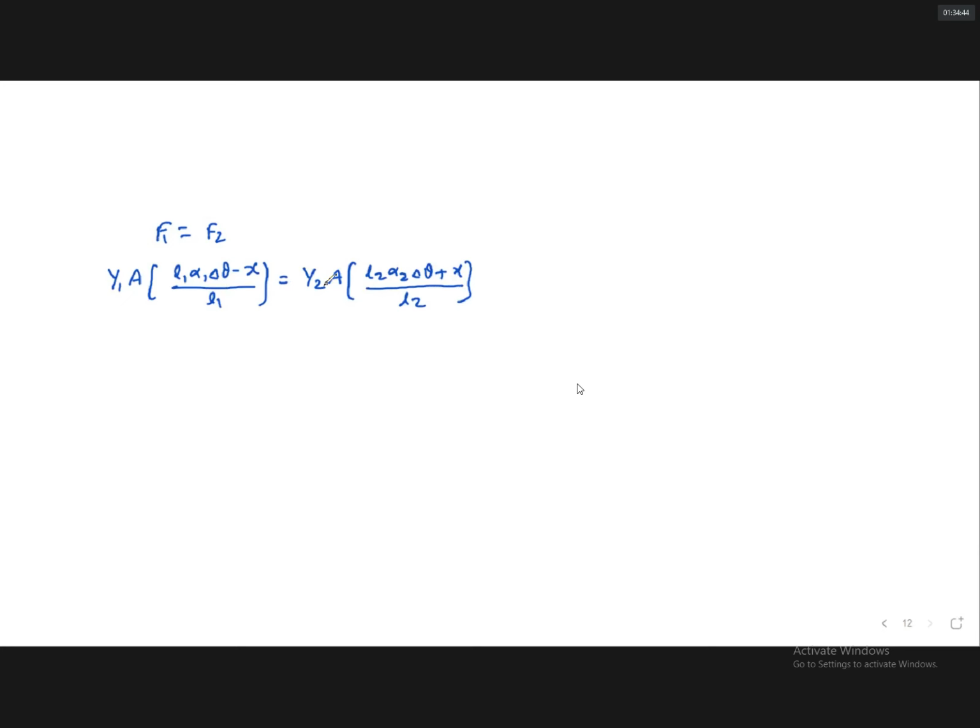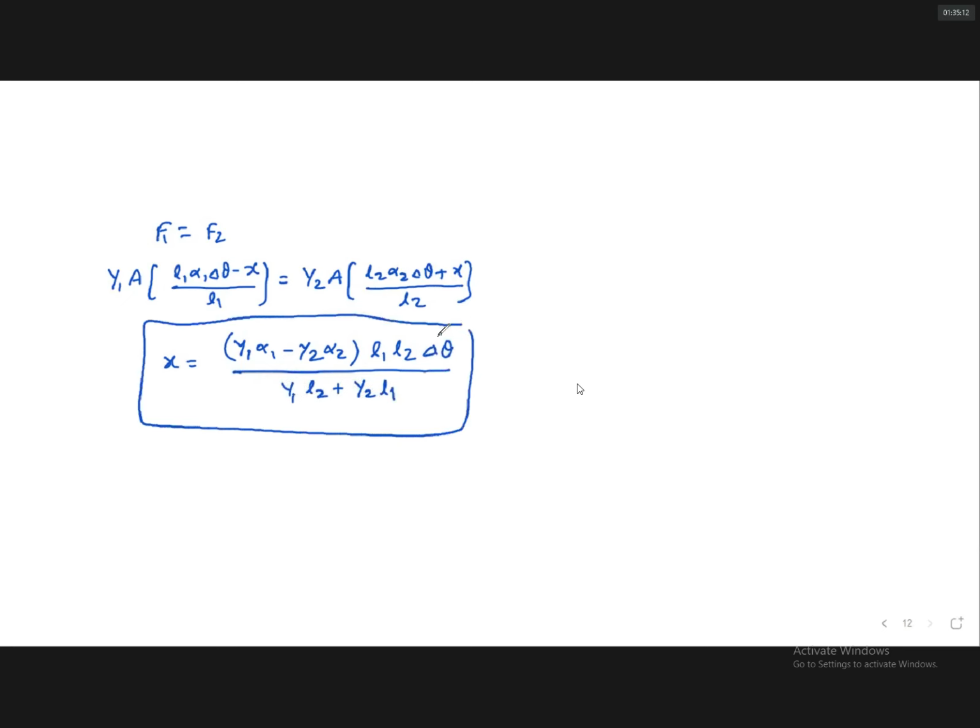Now here A gets cancelled. After rearranging the terms, we get the X value like this. X is equal to Y1 alpha 1 minus Y2 alpha 2 into L1 into L2 into delta theta by Y1 L2 plus Y2 L1, which is the displacement of the junction.